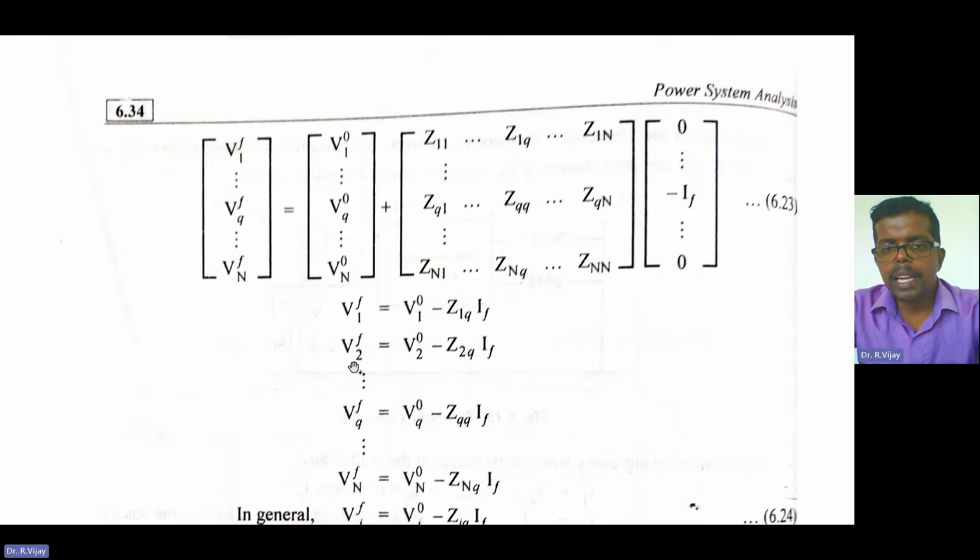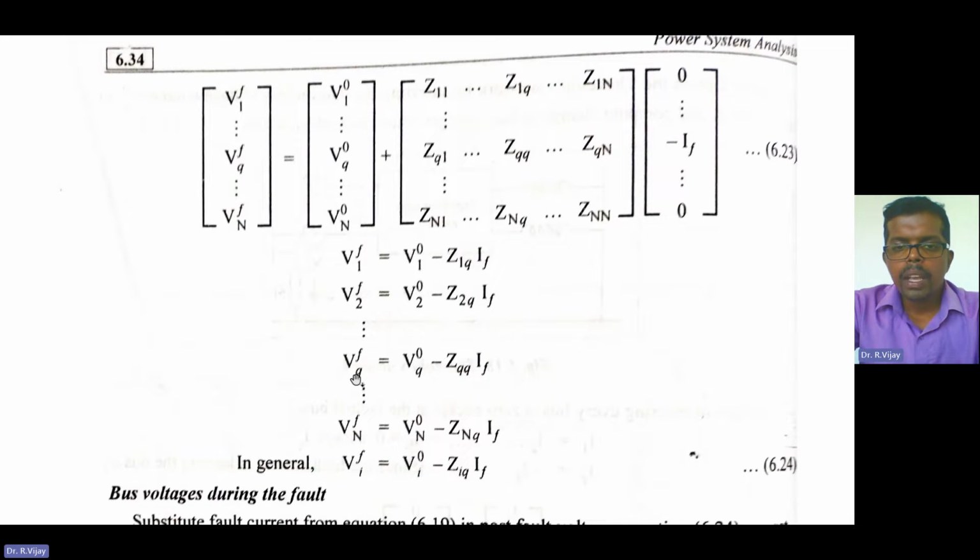Next, similarly, V2F is equal to V2 naught minus Z2Q into IF, up to VQF is equal to VQ naught minus ZQQ into IF, up to VNF is equal to VN naught minus ZNQ into IF.